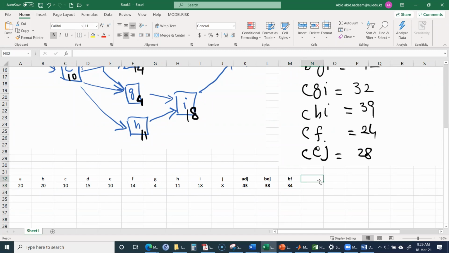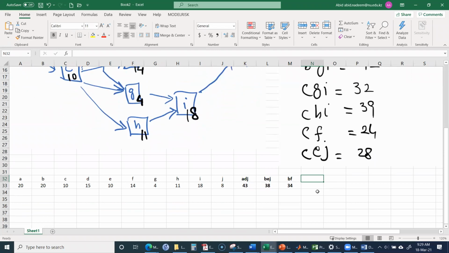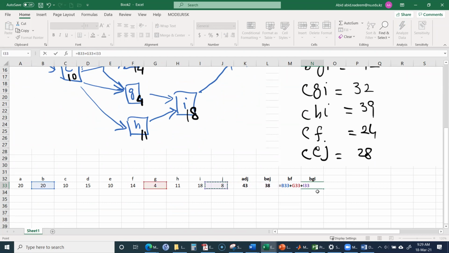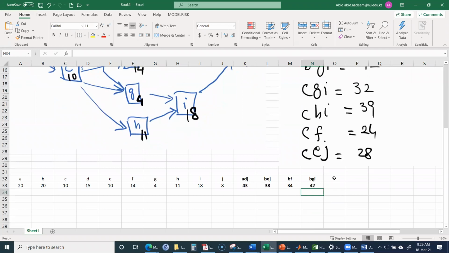The next one is BGI. BGI is 20 plus 4 plus I, 42. BGI is 42. And then CGI. CGI is 10.